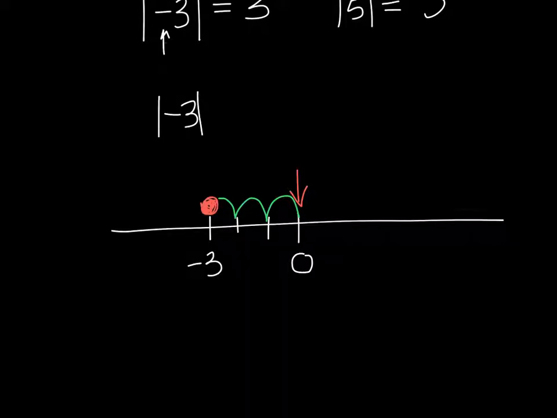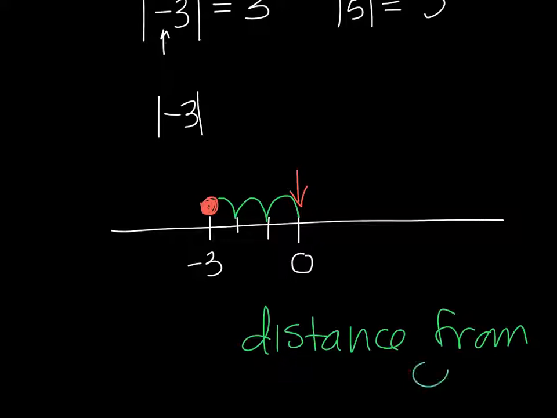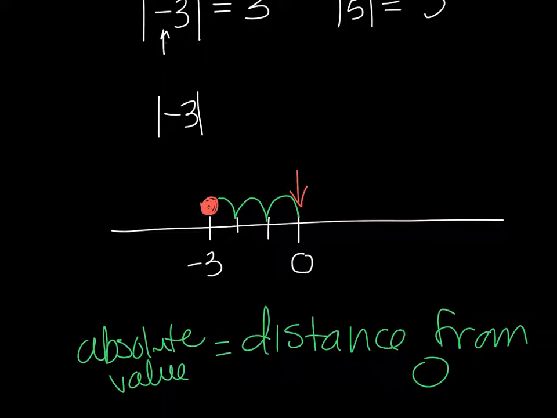So when we talk about absolute value as being the distance from 0, and this would be a good thing to write in your notes, that absolute value is the distance from 0, then no matter where you are on the number line, whether you're at -3 or maybe you're over here at +3, no matter what, that distance you travel, no matter what direction you're going, is going to always be a positive number. And that's why your answer is always positive.